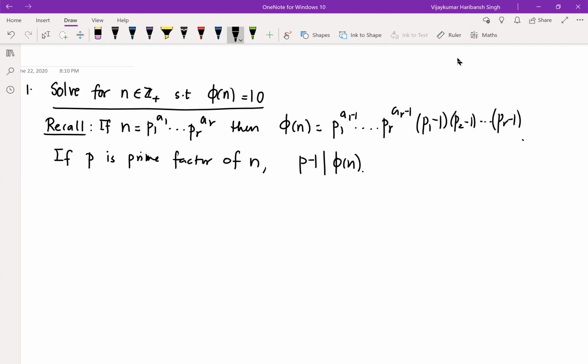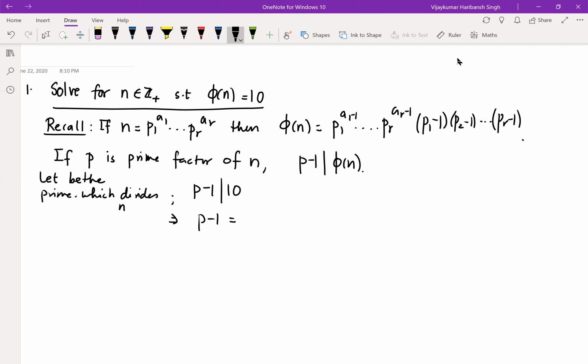So let p be a prime which divides n. In that case, we have p minus 1 divides 10.